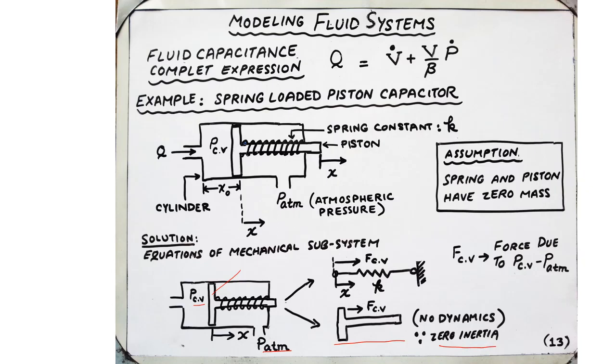So the displacement of the spring needs to be taken into consideration. We know that the left end of the spring is mounted on the piston, so the displacement of the spring will be the same as the displacement of the piston, on the left side. That is the displacement x. The other end of the spring is fixed, unlike that of the piston.